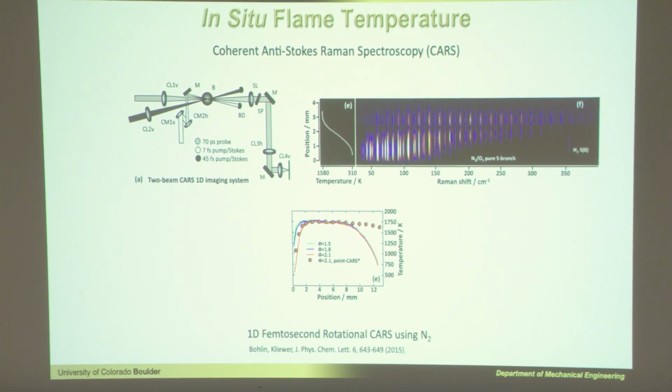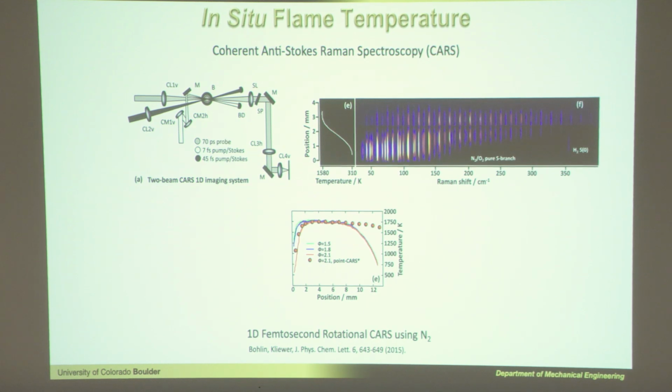People who are developing these techniques are very clever and are figuring out ways to implement them that make it so much easier to get temperature distributions spatially, all at one time. And this was in a sooting flame, in fact.